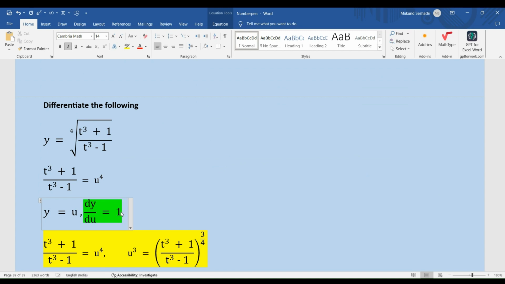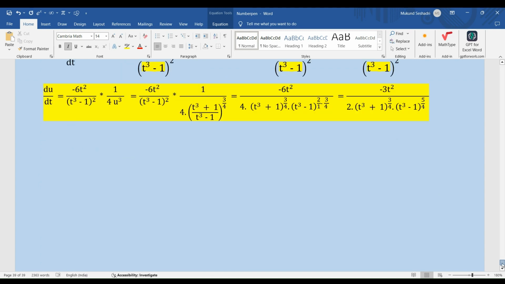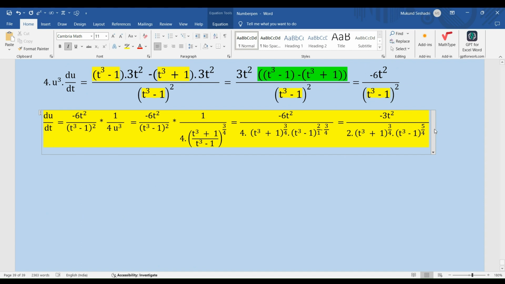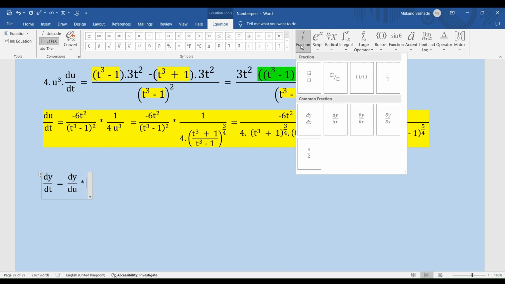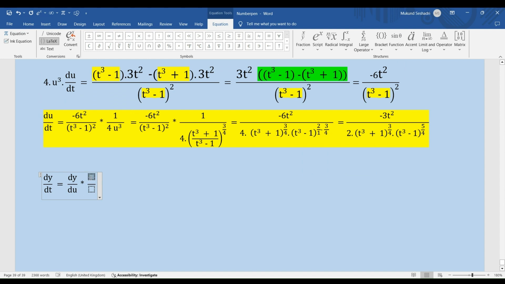So what is my dy by dt? Let me do this out here. So my dy by dt, which is what I'm expected to find, is nothing but dy by du into du by dt, right? I know my dy by du, it is 1, so I do not have to worry about it.